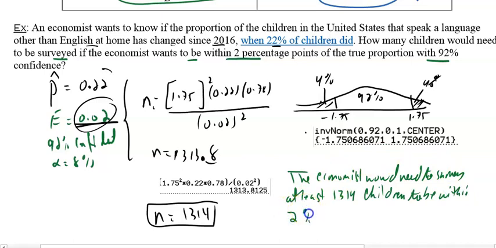Yeah, 2 percentage points of the true proportion, the true p proportion, with a 92% confidence. And that's pretty much it for this section.